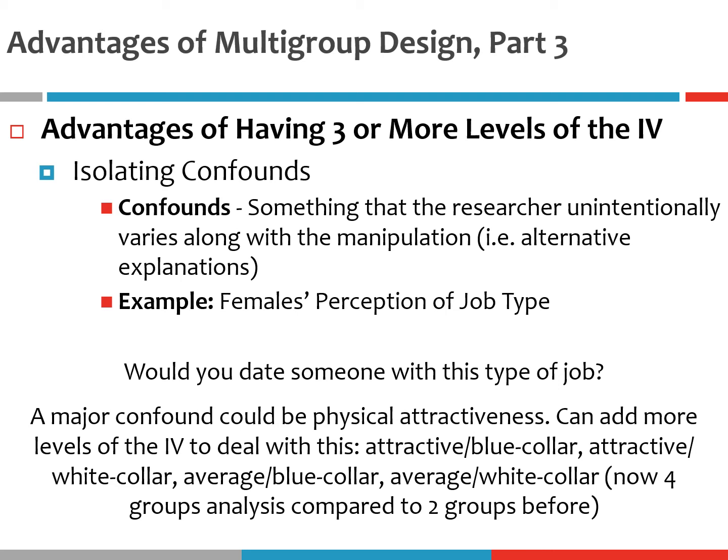If you can find that out, no one's really figured this out right now. There's lots of variable information. No one exactly knows what different people like, so it's very individualistic, right? But if you can figure that out through research, you're going to be rich. You'll have your own dating website. You'll make tons of money. So far, no one's been able to do this, but this is a way to deal with those confounds. You turn a two-group design into a four-group design and more effectively deal with those confounds.